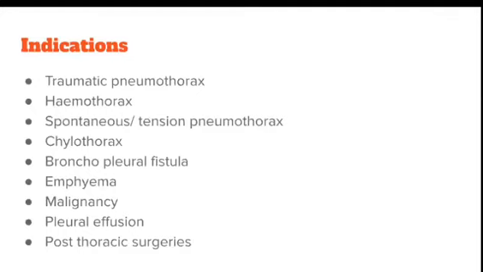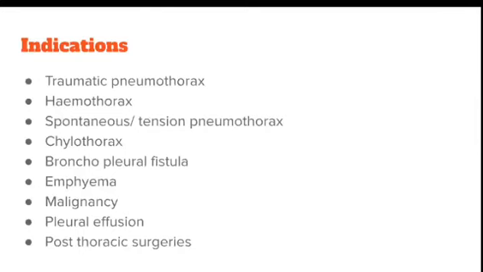So what are all the indications? If any abnormality happens in the pleural space, that is in the pleural cavity, we need to do this chest drainage. First, traumatic pneumothorax. For any kind of pneumothorax, the treatment modality is the intercostal chest drainage system.